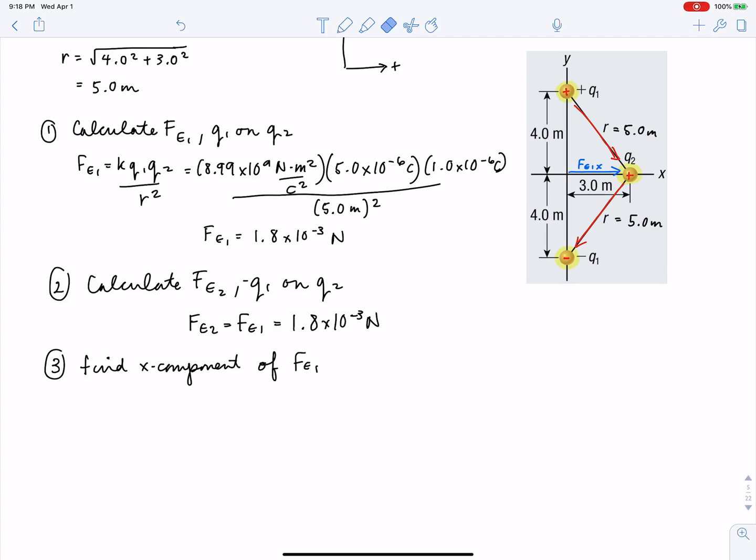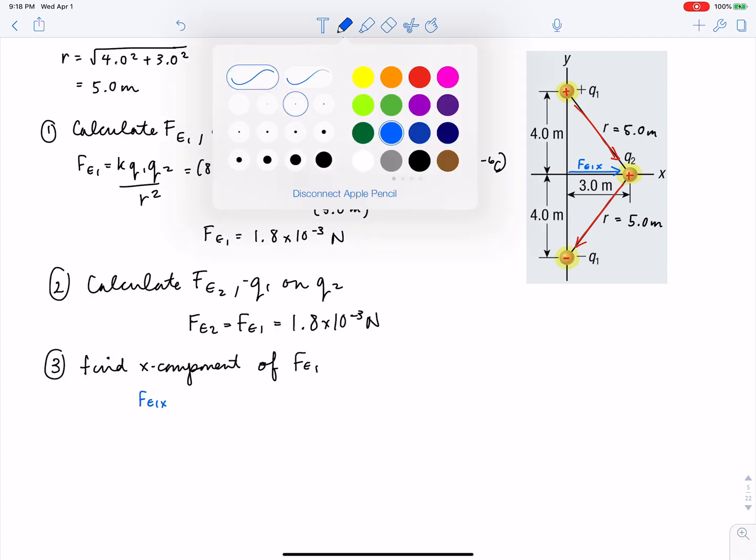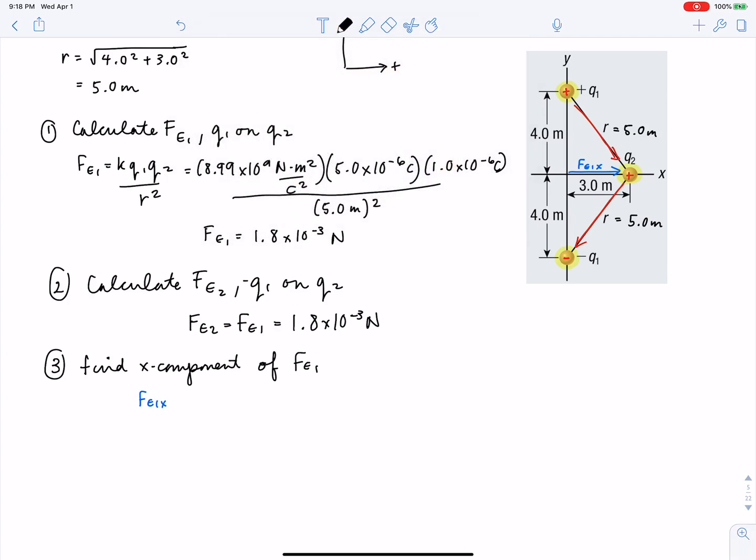So we know that Fe1x, which is the opposite to the angle theta, and Fe1 would be the hypotenuse. Opposite over hypotenuse is the trigonometric ratio cos theta.